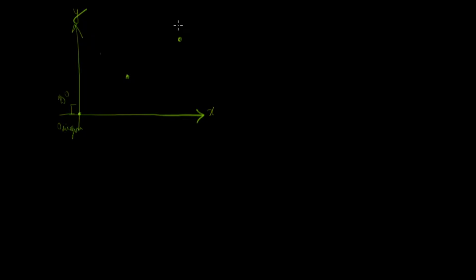Let A be this point, and let B be this point, such that A is defined by x2, y2, and B is defined by x1, y1. So, what do we know right now, just by the description of the 2 points?